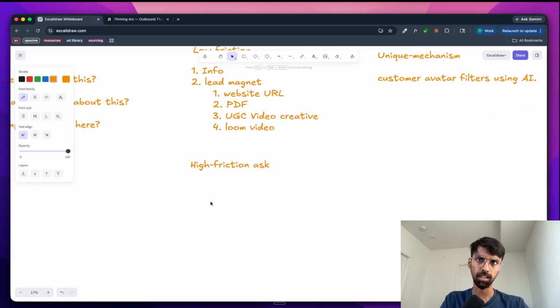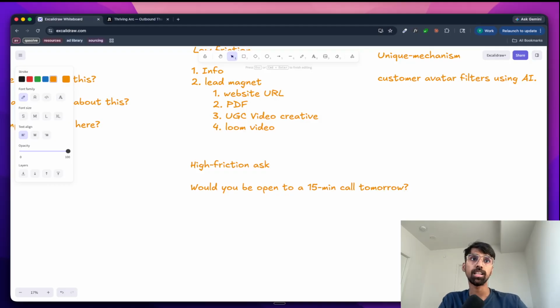Because if you are asking something like, would you be open to a 15-minute call tomorrow? If you ask this directly to a client as a CTA, you're literally reducing the amount of emails back and forth that you'll need to book a call by at least 2x.